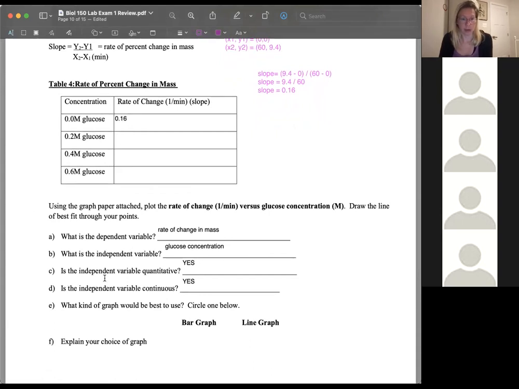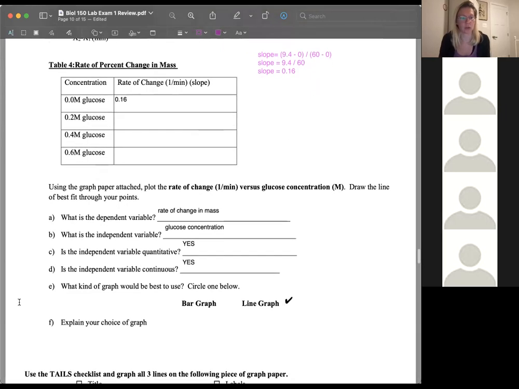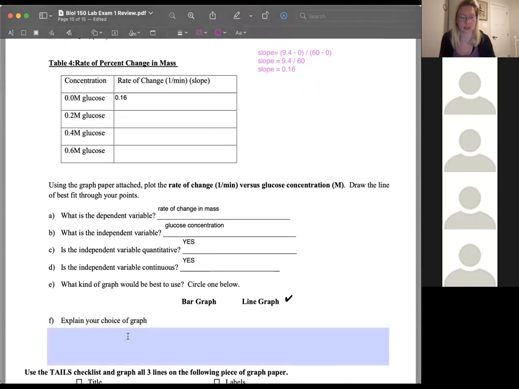Okay, so because our independent variable is quantitative and continuous, this would also be a line graph. The reasoning behind that is the same that we stated before.